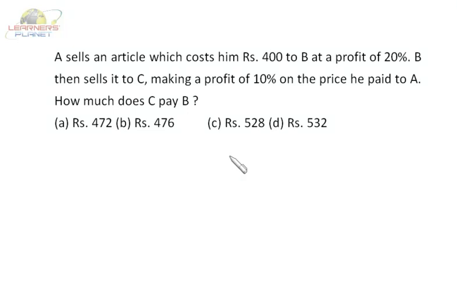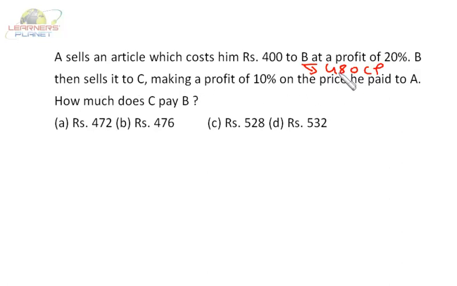Now let's see this question. A sells an article which cost him rupees 400 to B at a profit of 20%. That means he's selling at 400 plus 20% of it, that is 80 rupees. So cost price of B is 480 rupees. Okay. Now B is selling it to C, making a profit of 10%.